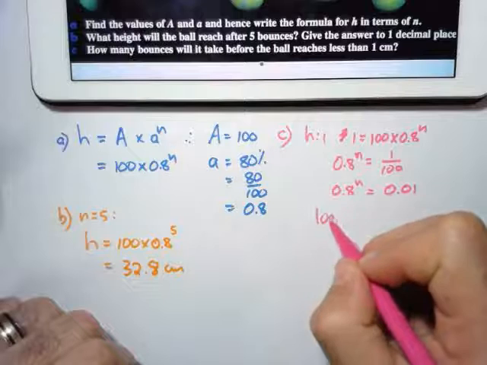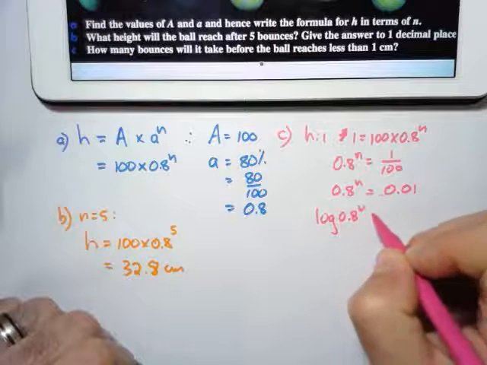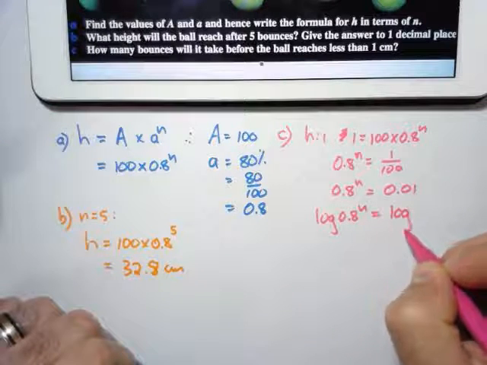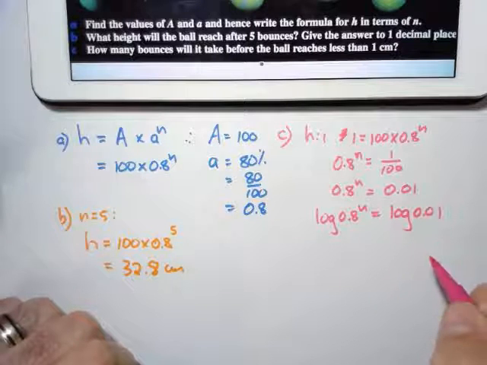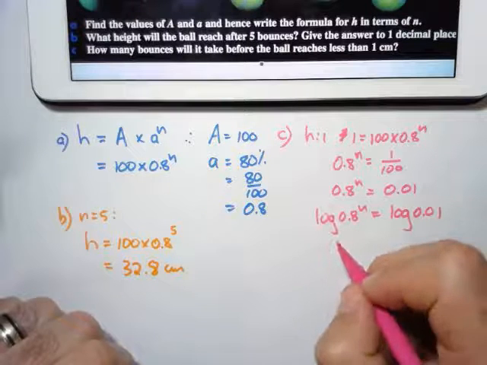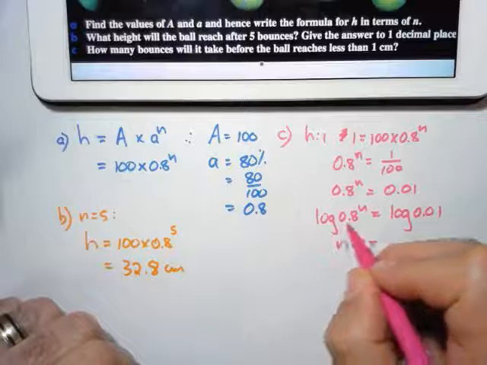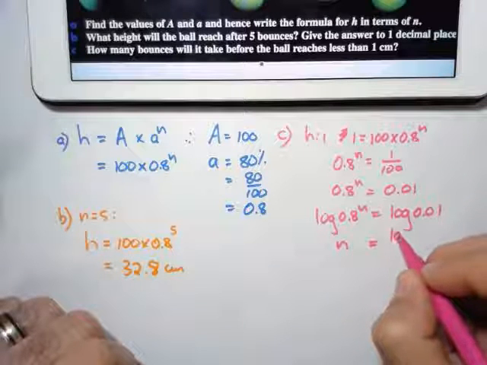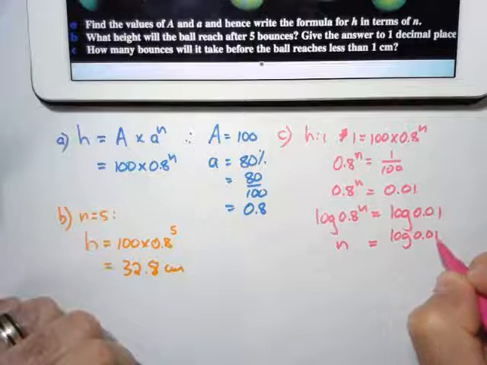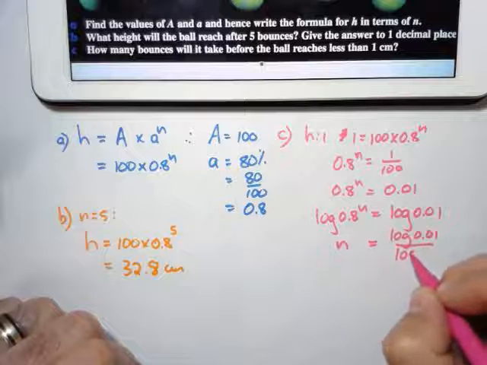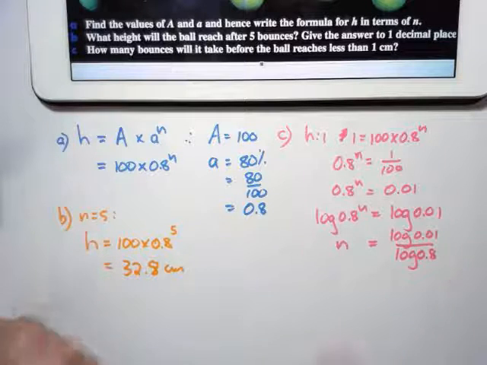So log 0.8 to the power n equals the log of 0.01. The n is going to go to the front, and I'm going to divide by log of 0.8. So n equals log 0.01 divided by log 0.8.